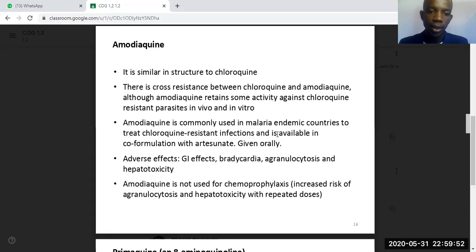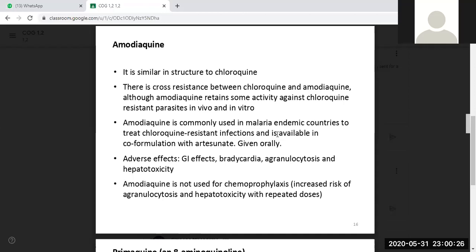Amodiaquine is commonly used in malaria endemic countries to treat chloroquine-resistant infections and is available in co-formulation with artesunate, and it is given orally. So, in order to overcome the cross-resistance, we formulate the amodiaquine by combining it with artesunate so that we overcome the resistance that has developed against chloroquine.